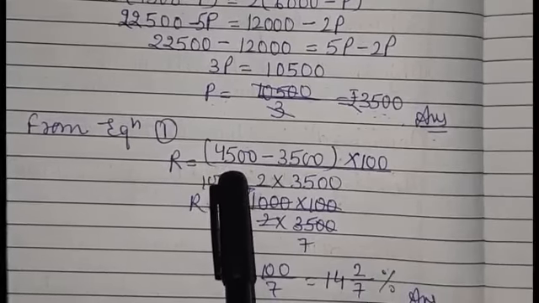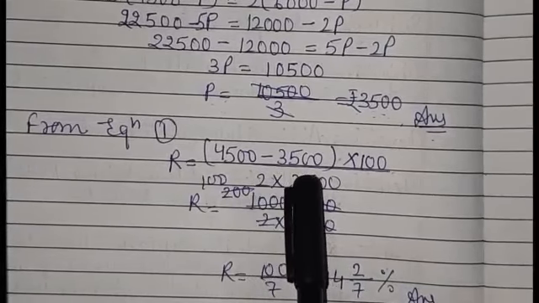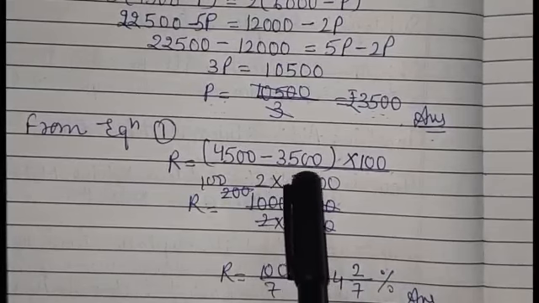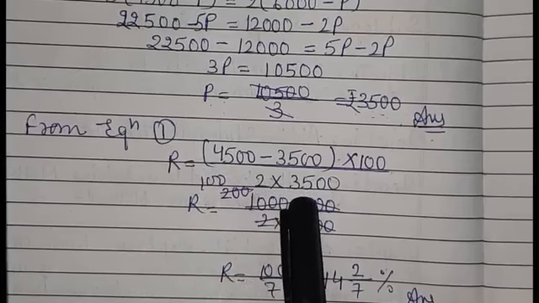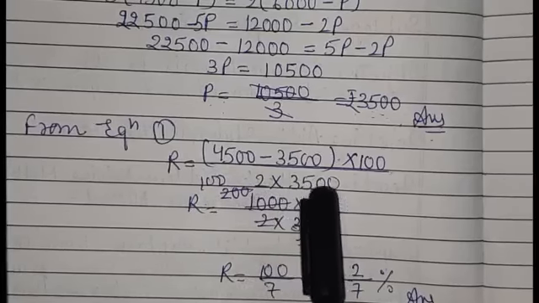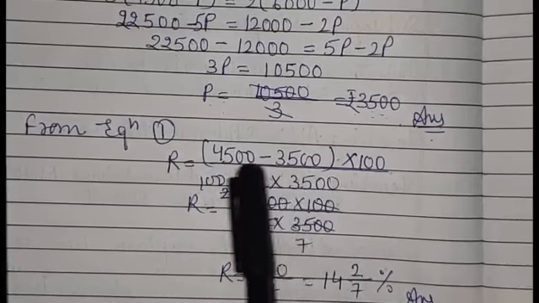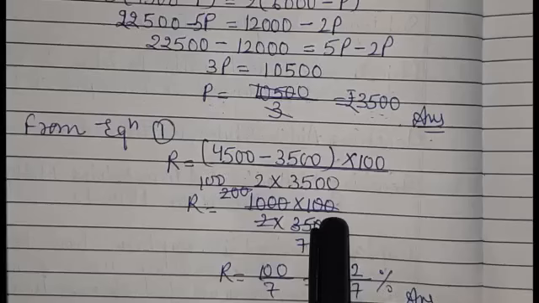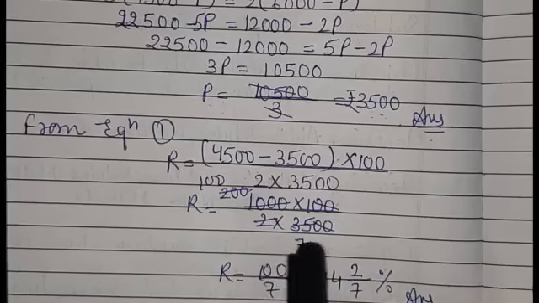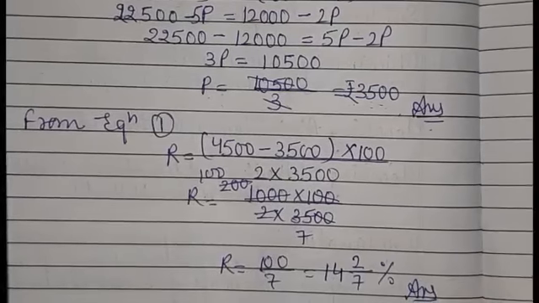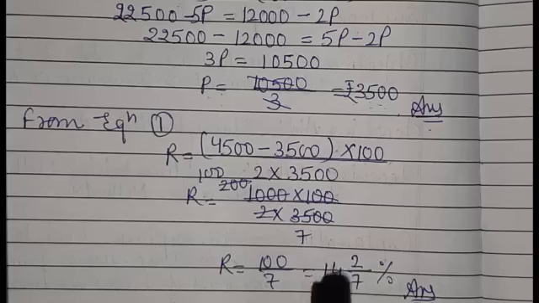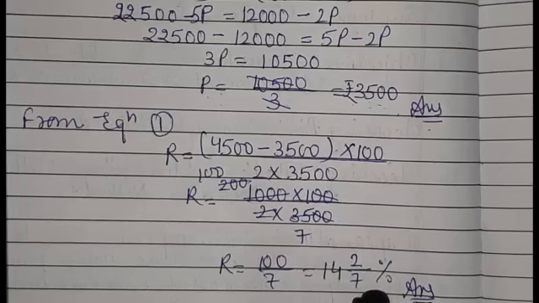R is equals to 4,500 minus P, instead of P put 3,500, into 100 upon 2P, instead of P put 3,500. When we calculate 1,000 into 100 upon 2 into 3,500 and simplify, rate of interest will come 14 whole 2 by 7%.